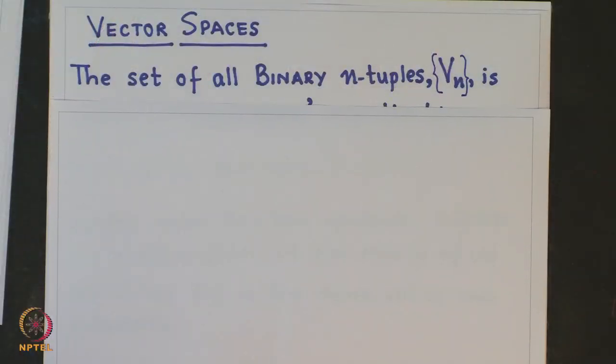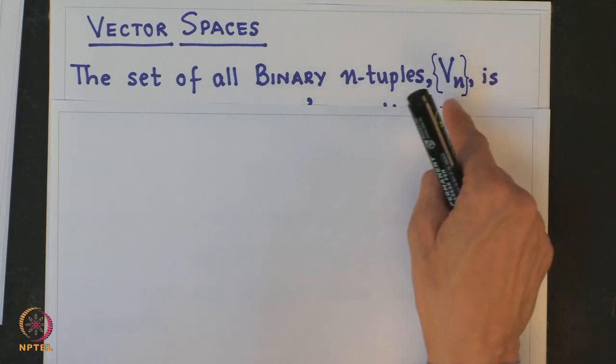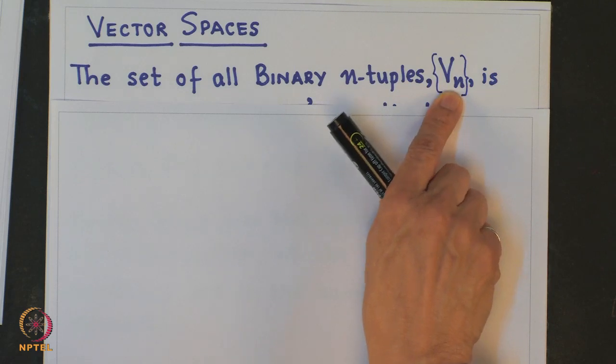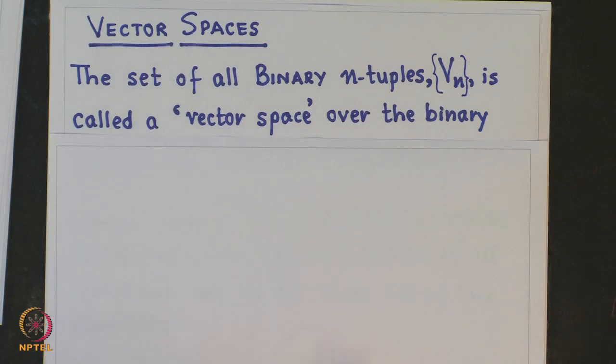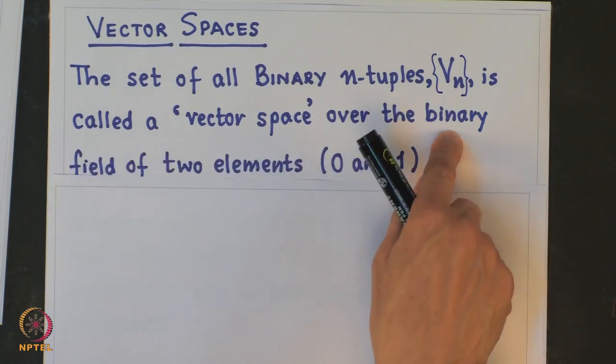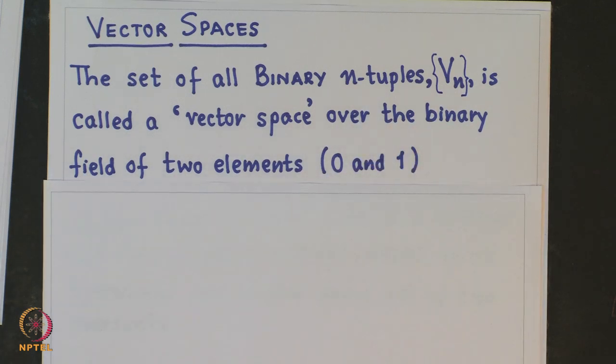Now, before we proceed ahead, we need some concepts from vector spaces and subspaces. So, let us define the vector space. The set of all binary n tuples, denoted by this curly bracket, and this n denotes that we are talking about n tuples, is called a vector space over the binary field of 2 elements 0 and 1.